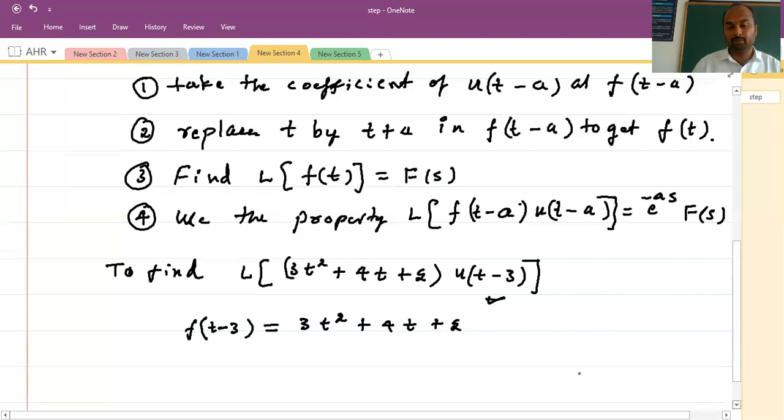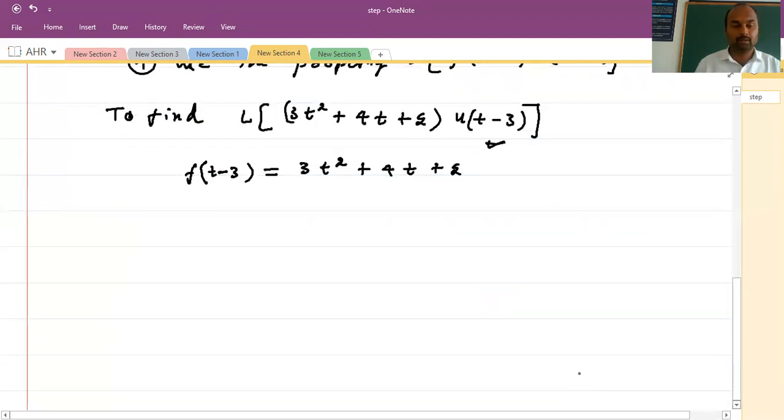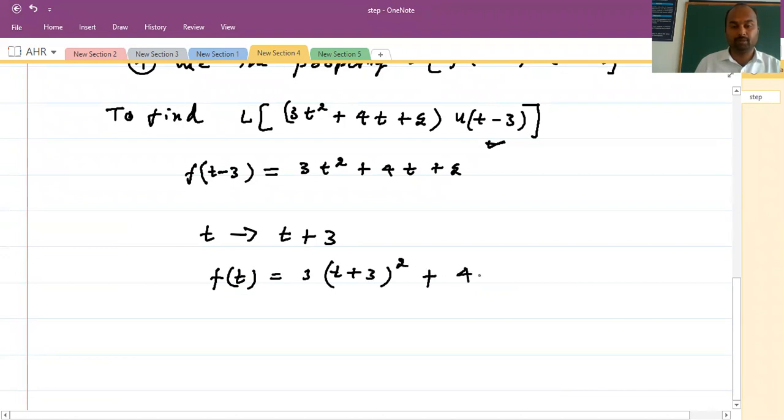Now we have to replace t by t plus 3. So the left hand side becomes f of t, and the right hand side is 3 into t plus 3 whole square plus 4 into t plus 3 plus 5.